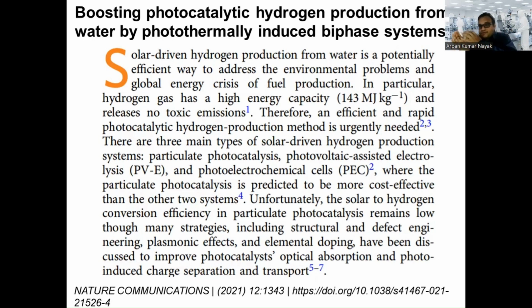Because it will solve the environmental issues as well as the energy crisis, for fuel production. This subject is highly important to solve this problem. So they mention that the subject is important.